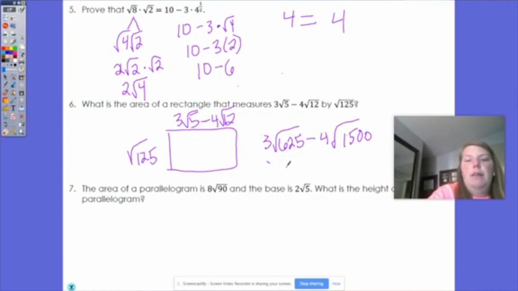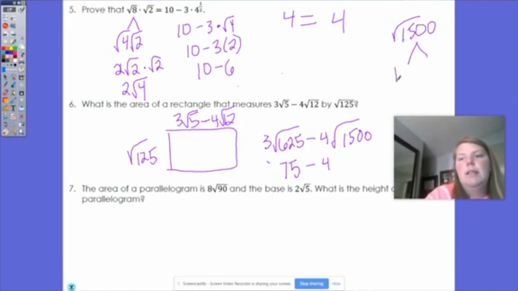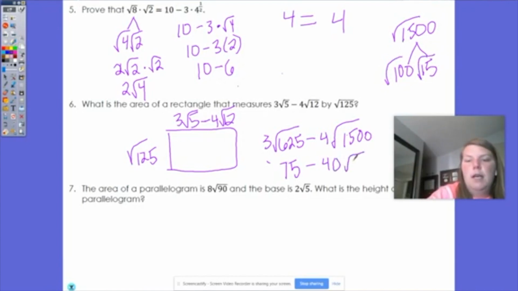It's 25, and 3 times 25 is 75. Minus 4 times the square root of 1,500, and I'll write it up here. The biggest perfect square that goes into that is 100 times 15. The square root of 100 is 10. 10 times 4 would be 40 times the square root of 15. And that's as simple as we could get that one.